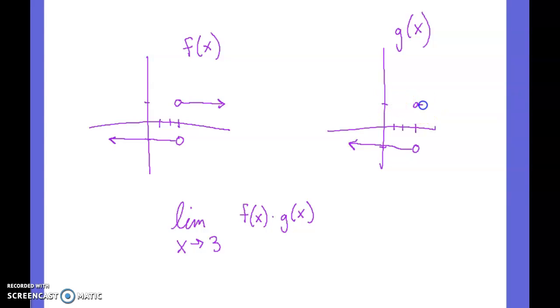Because what some students will say is, oh, well, the limit does not exist for f. So this would be the wrong way to do this problem. It does not exist for f, which I would agree, -1 on the left, +1 on the right. And for g, it does not exist, same reason.